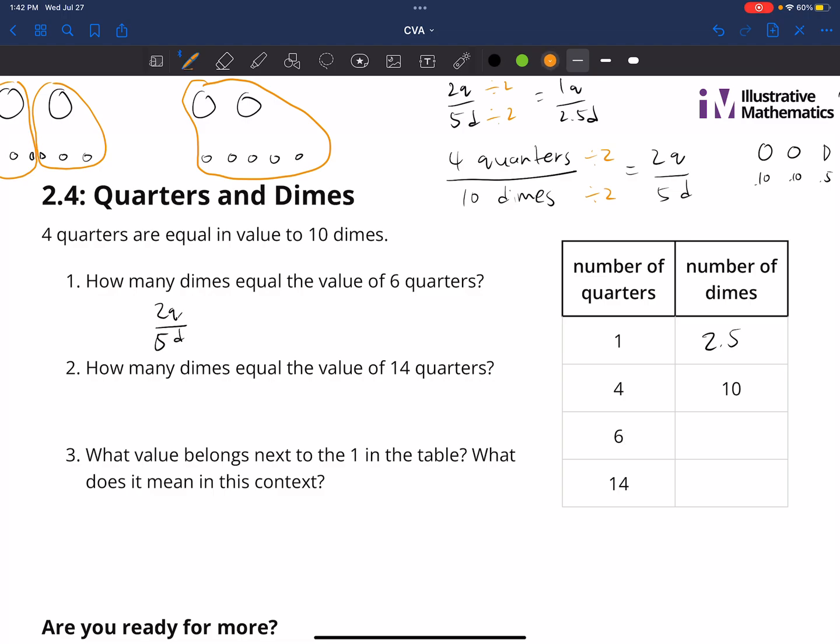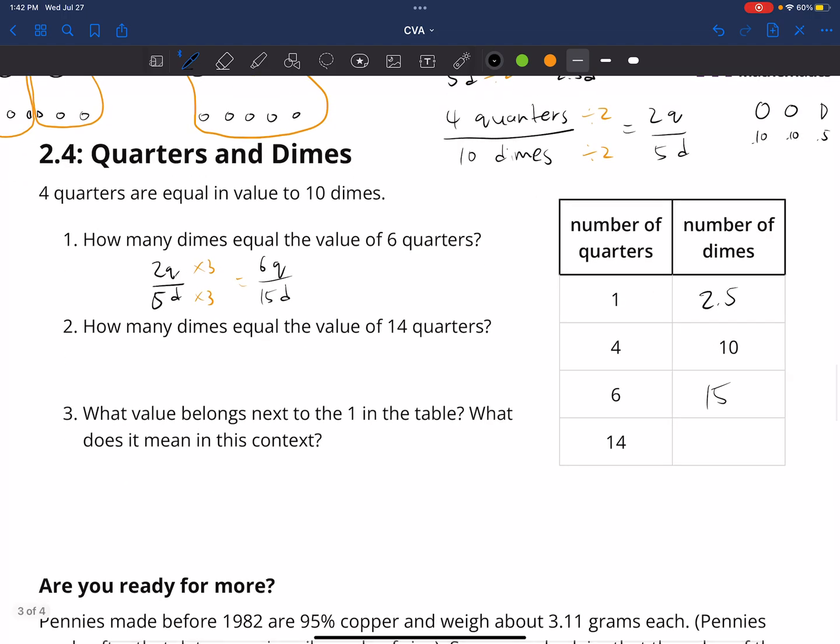So I just have to multiply the top by 3, multiply the bottom by 3. 2/4 times 3 is 6/4. And then 5 times 3 is 15 dimes, so that's going to be 15. And then finally, 14, right?